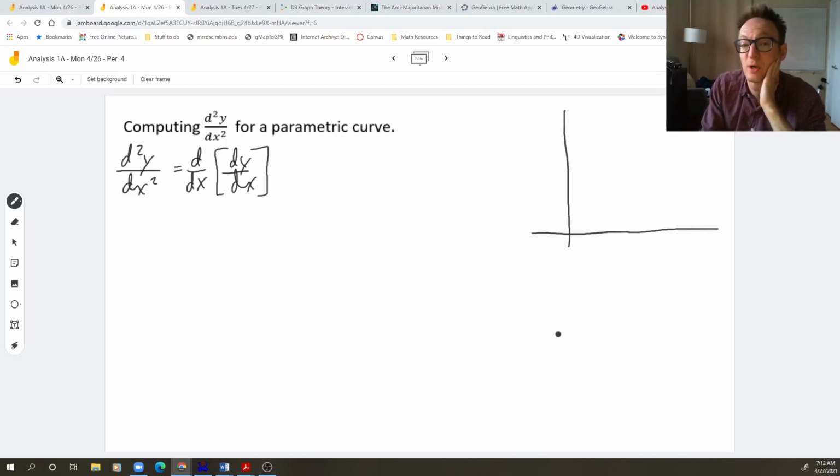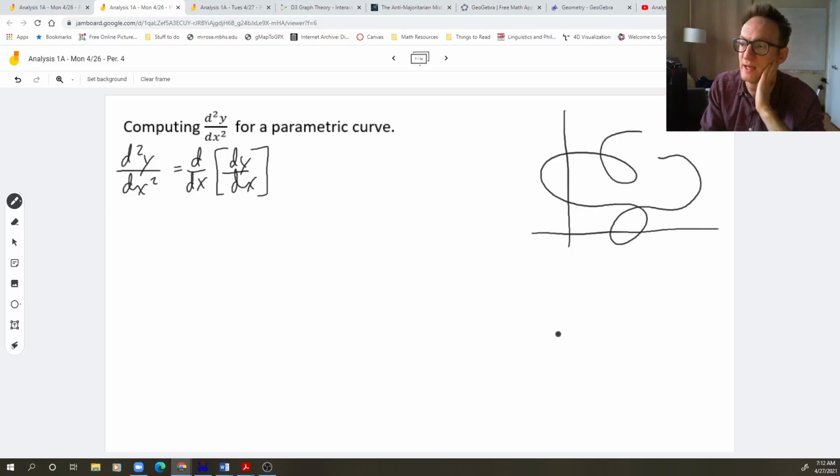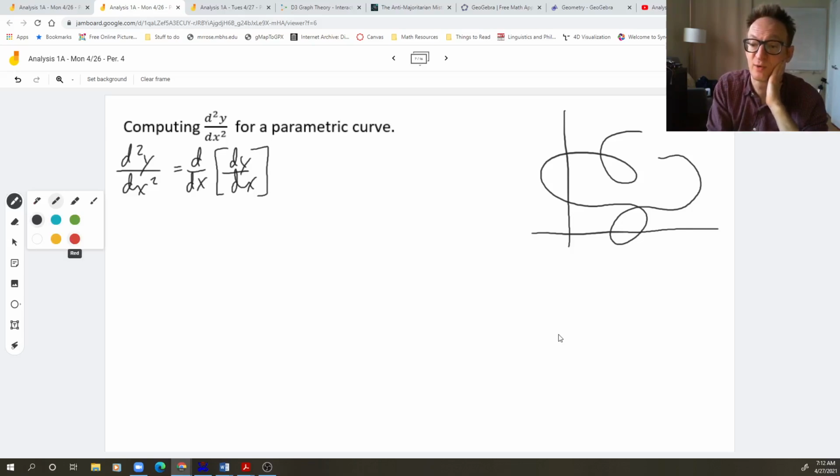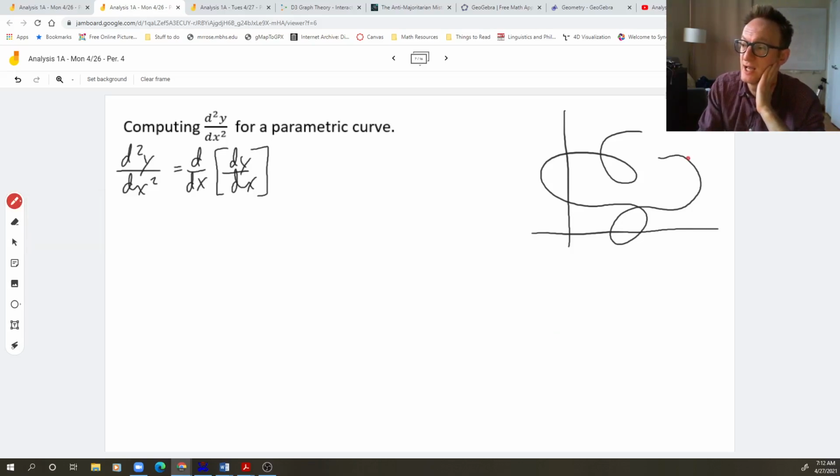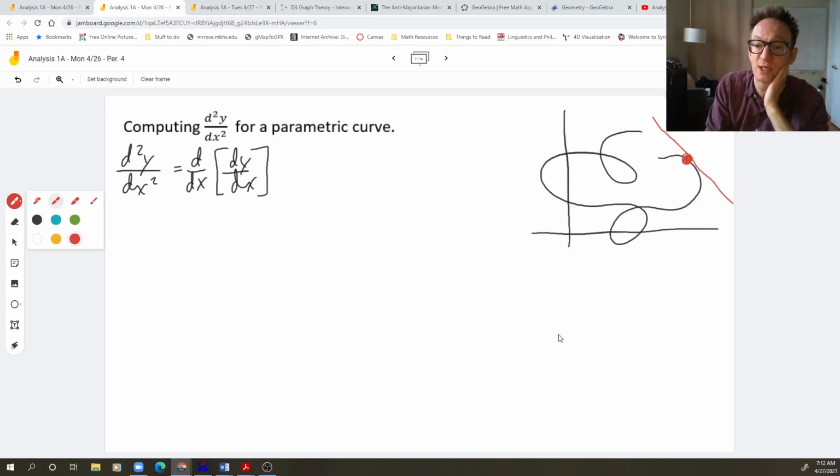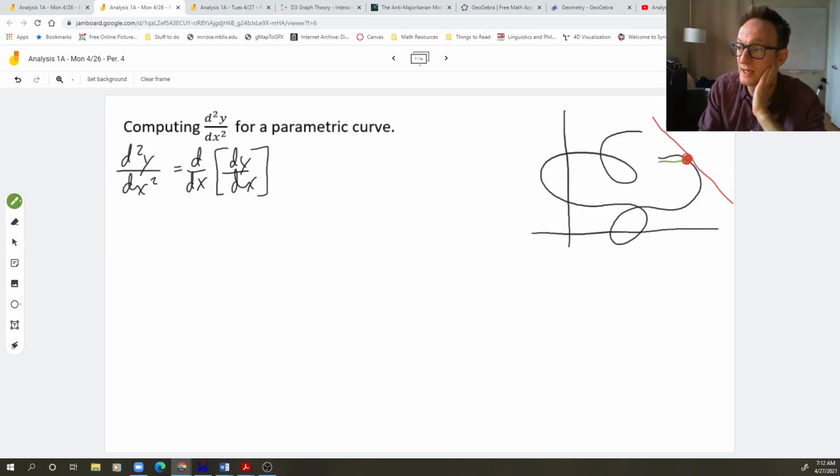Remember, a parametric curve can be any kind of insane thing, and who knows what it's going to look like. But the big picture is that at some particular t value, I have this tangent line, and the slope of the tangent line is just dy dx. So this is dx, this is dy, and therefore the slope is dy dx, just repeating what we did earlier.